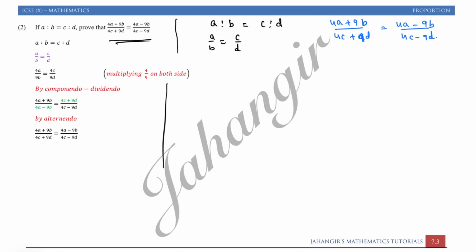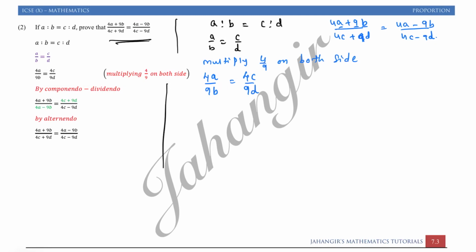If you see, the coefficient with a is 4 and the coefficient with b is 9. Same way with c and d. So I will multiply 4 by 9 on both sides. Let's see what I get after multiplying. So a by b into 4 by 9, I will get 4a by 9b is equal to 4c by 9d.